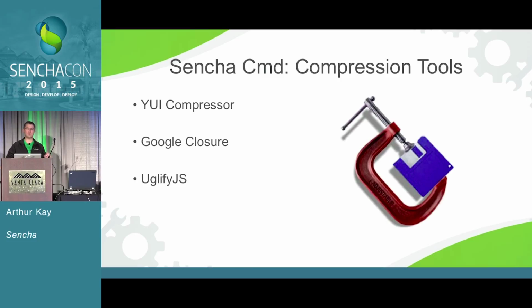And Closure has other options, or other mechanisms to hook into the compression process. So you can use it from the command line, but they have a public API. You can fire code up to the API and it returns your compressed code if there was some reason that you needed to do that. So it's a pretty cool tool, but it does not do CSS compression.